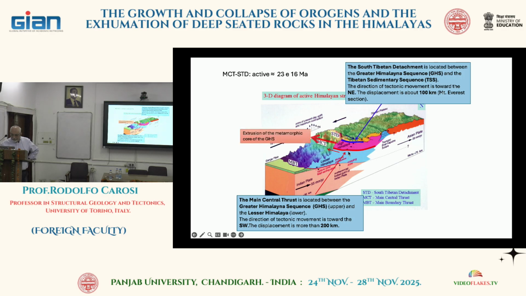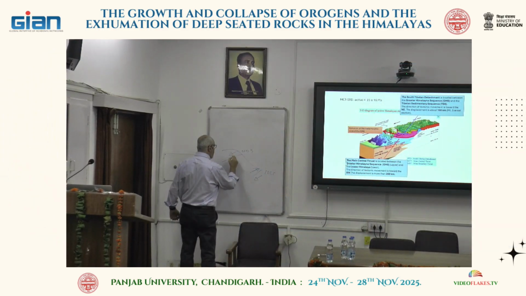Okay, if you give a look to the arrows, you have more or less in the Greater sequence an arrow like this, an arrow like this. If they sum up, they show a big arrow pointing to the extrusion, a movement to the upper part and to the south of the Greater Himalayan sequence. In this way, the STDS, the MCT. The movement is like this, of course, a normal sense of shear.